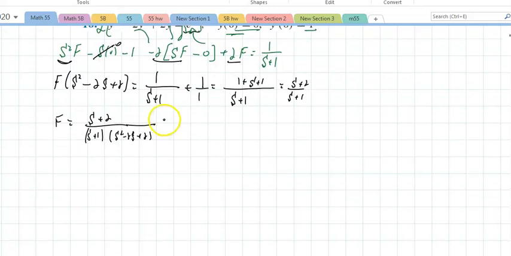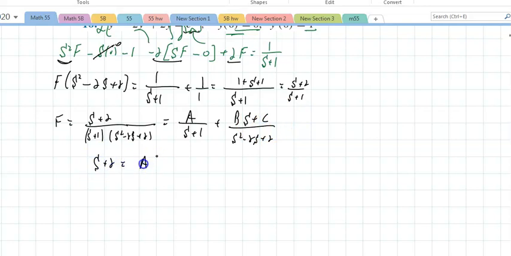So if I want to know where this came from, I'm going to say that's A over s plus 1 plus Bs plus C over s squared minus 2s plus 2. S plus 2 equals A into s squared minus 2s plus 2 plus Bs plus C times s plus 1.